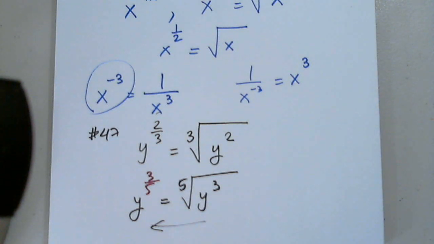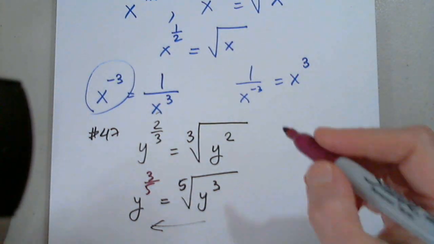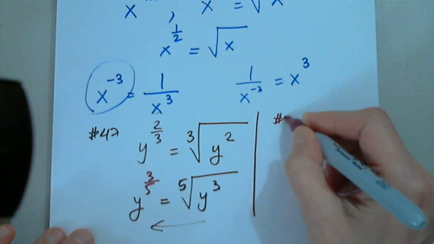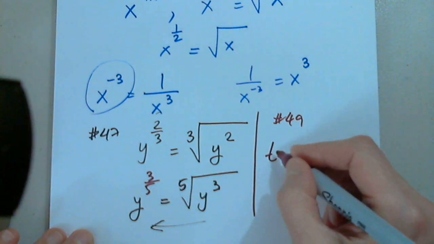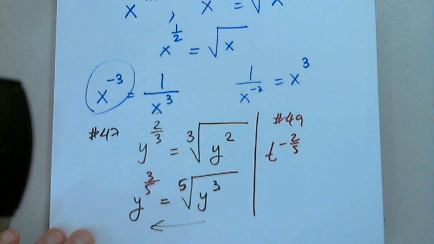Okay, I'm going to share my screen. Now let's look at the negative. So let's choose a negative here. Any negative exponent. 49. So for 49, you chose t to negative 2/5. Good.